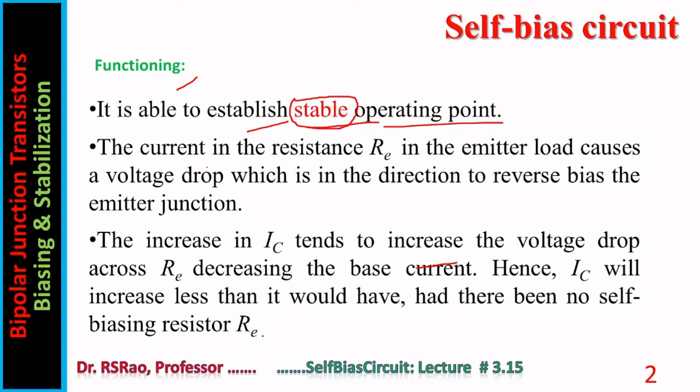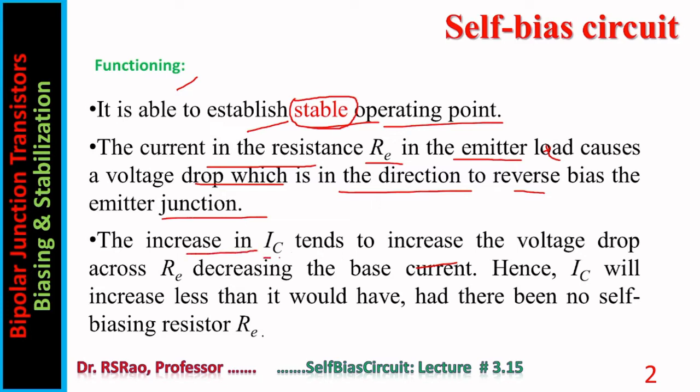The current in the resistance RE in the emitter lead causes a voltage drop which is in the direction reverse biasing the emitter junction. Notice when emitter junction is biased in a reverse way, current drops, base current drops.